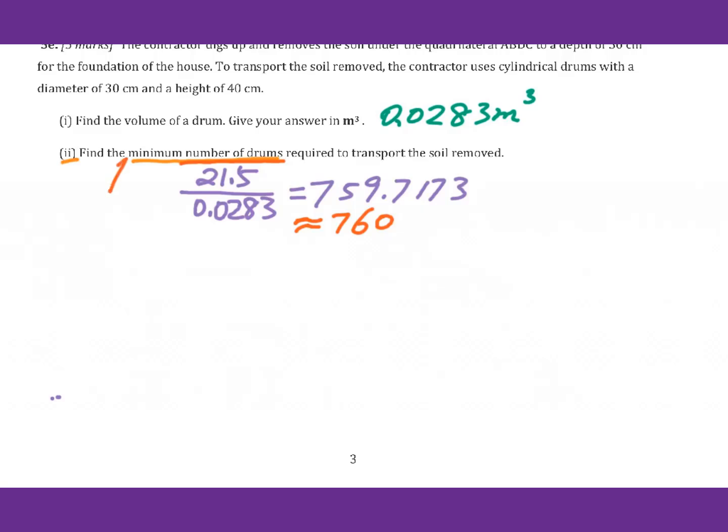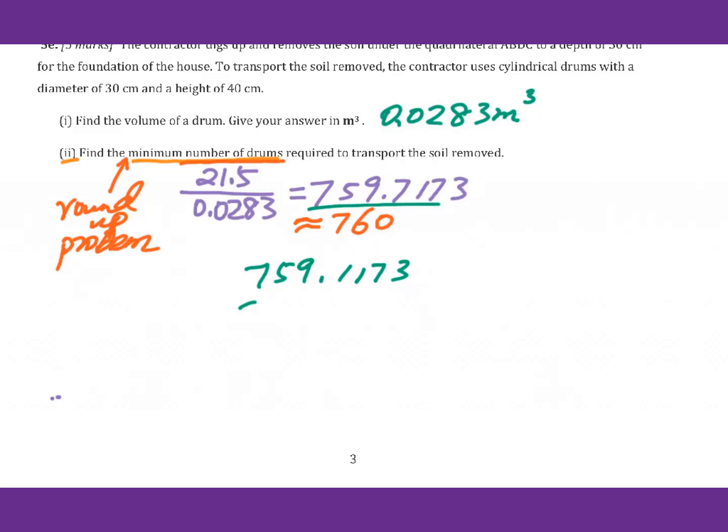We call this kind of problem a round up problem. Even if you get 759.1173, for example, you still get 760. You have to round up, no matter what this number is.